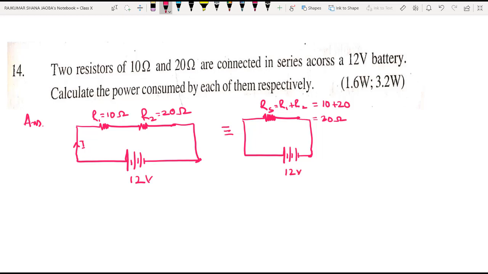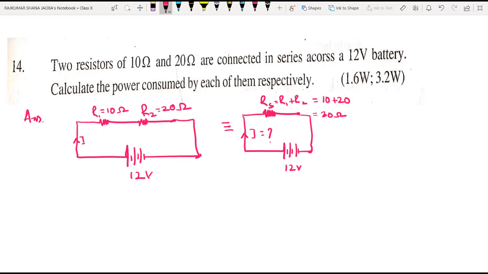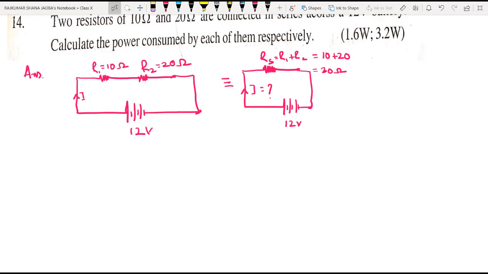So with 12 volt, we can calculate the current flowing through the circuit.